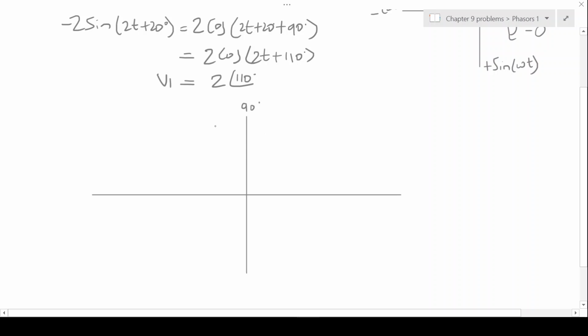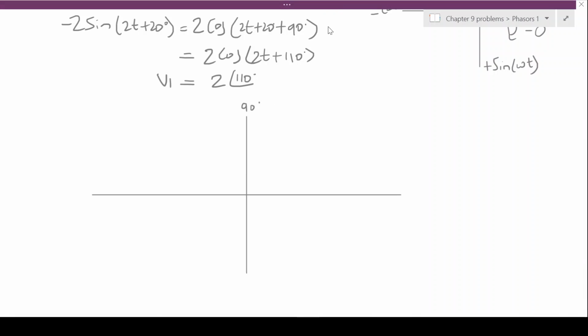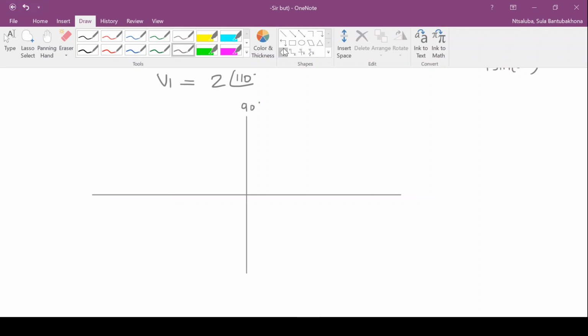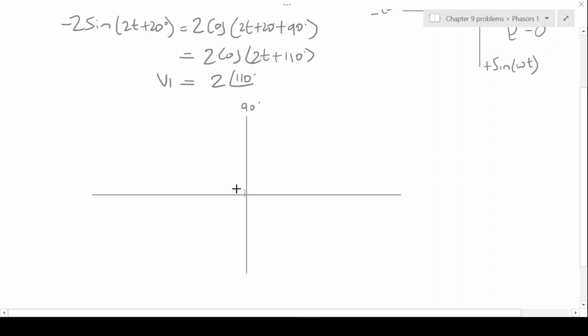So let's say 110 would be sitting at this point. Right, so that will be V1. This angle will be 110 degrees. And the magnitude will be 2.